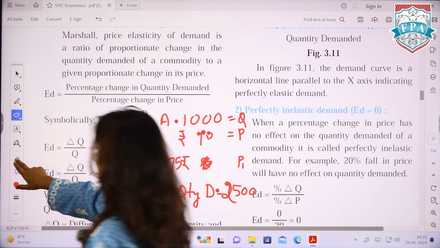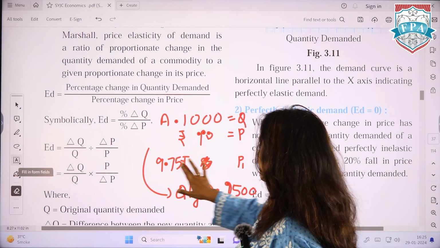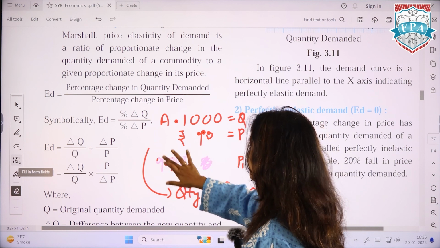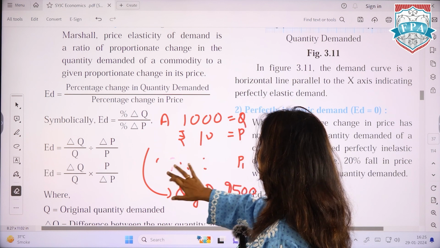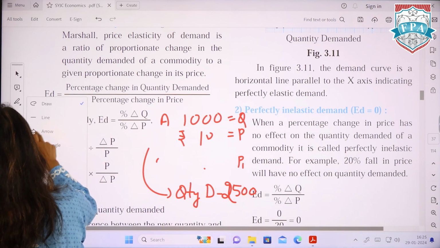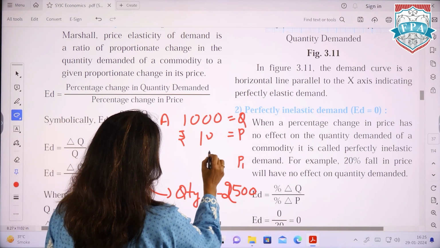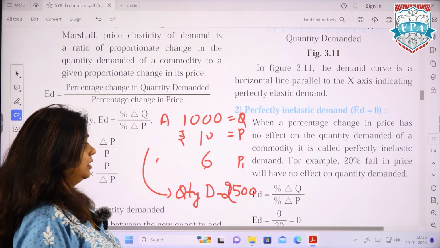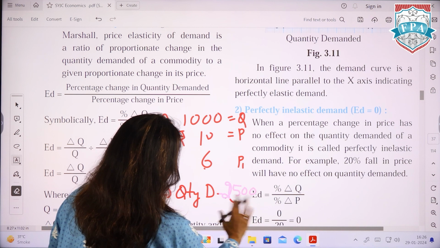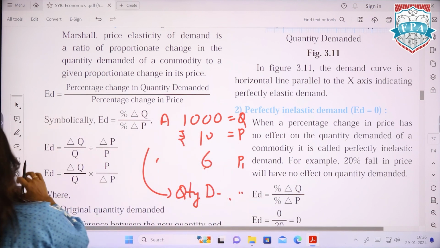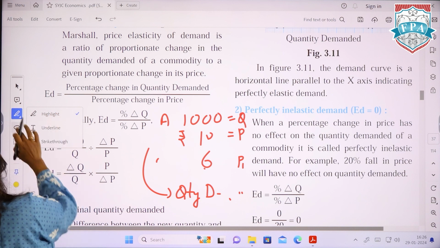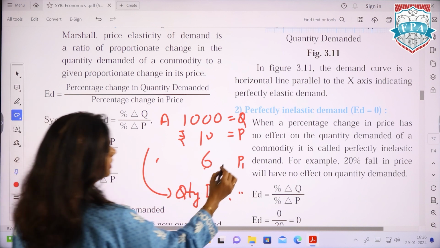On the other hand, if I tell you that the price has gone down from 10 rupees to as low as 6 rupees, but the quantity, earlier 1000, still remains 1000.